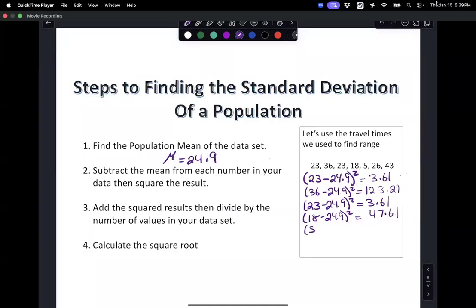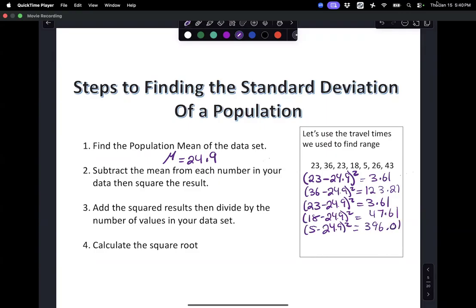Now 5. This number's going to be big. It's okay. 615? Did I do that right? Uh-oh, no. 5 minus 24.9 squared: 396. I put that in the calculator wrong.